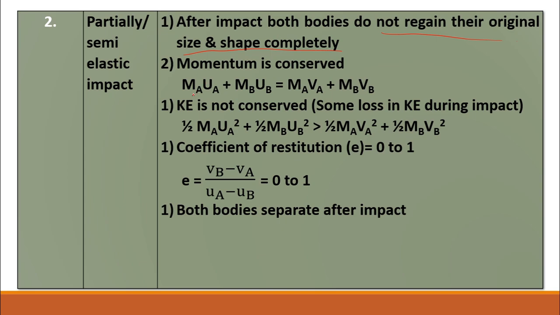Momentum is also conserved, before and after impact, but there is a slight loss in kinetic energy. We can say the kinetic energy before impact for both particles is higher than after impact. The coefficient of restitution is between 0 and 1, and both bodies will separate after the impact.